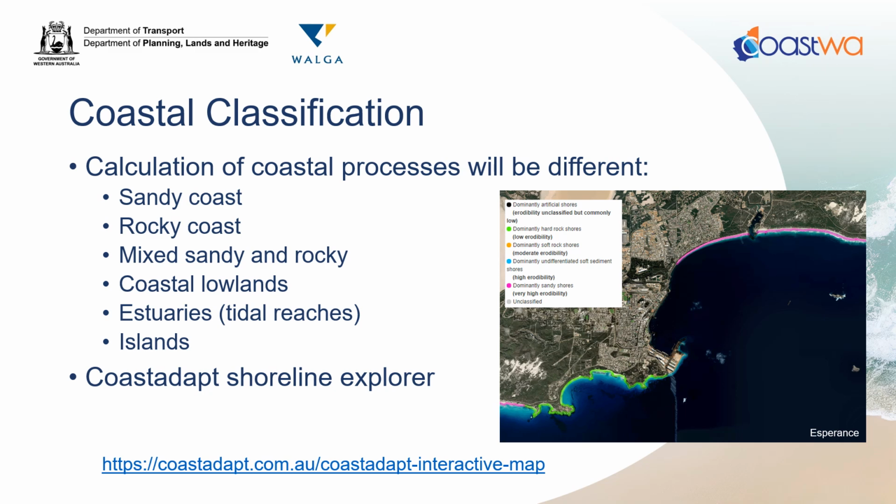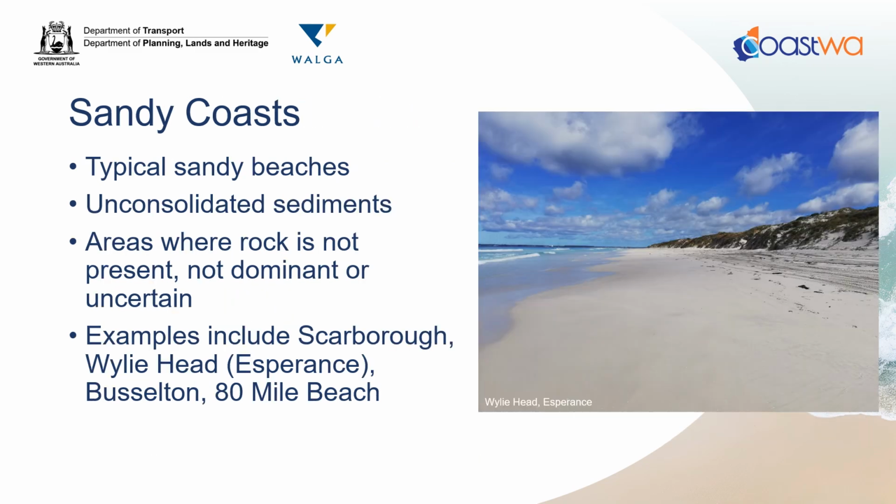In this case, we've got sections of sandy beach shown in the magenta or purple line, up in the northern areas around Bandy Creek. On the headlands at the south there, the areas shown in green are dominantly hard rock shores, and then you may have some mixed types in between those as well. And dependent on the type of coast and the classification of each, we'll assess the coastal hazards slightly differently.